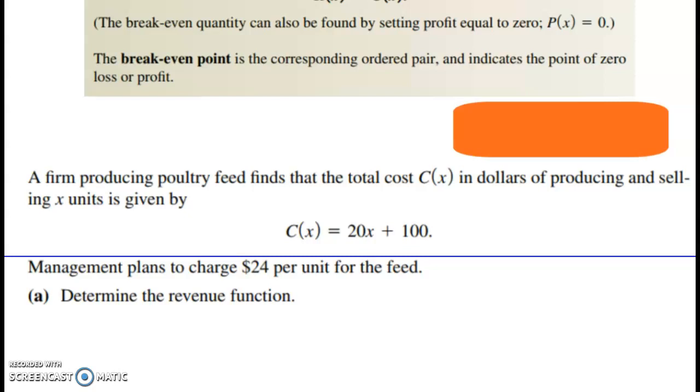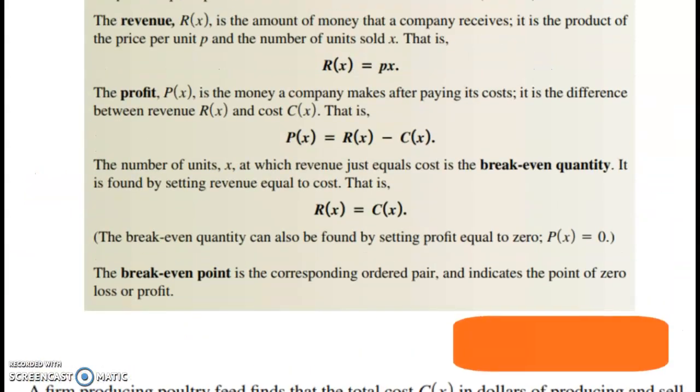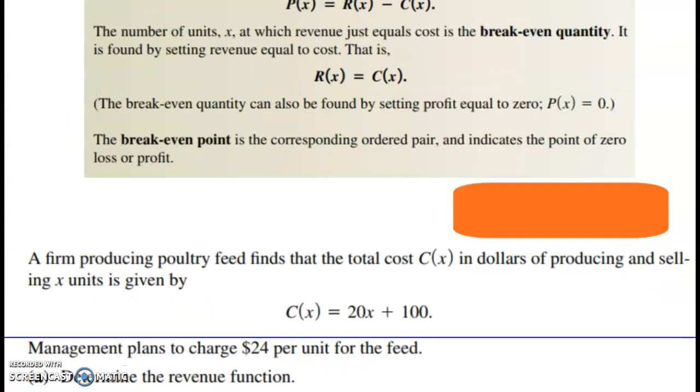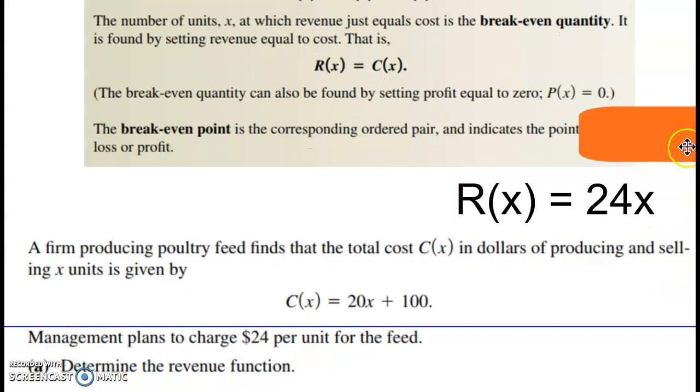Well, as we set up here, revenue is simply the price per unit times the number of units. Therefore, the revenue function would be 24x, right? That's the revenue function. $24 per unit times the number of units, 24x.